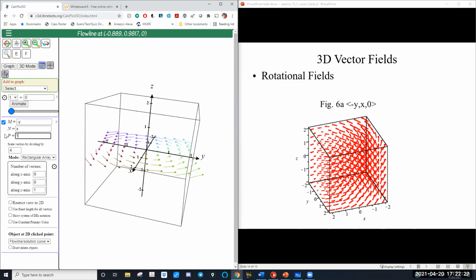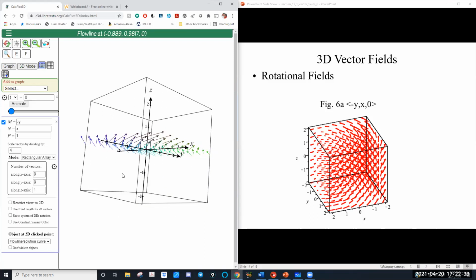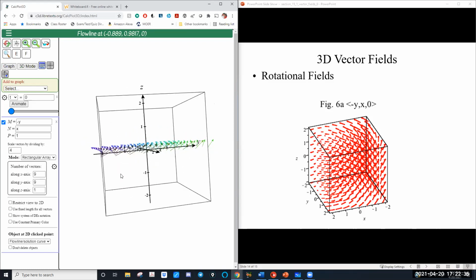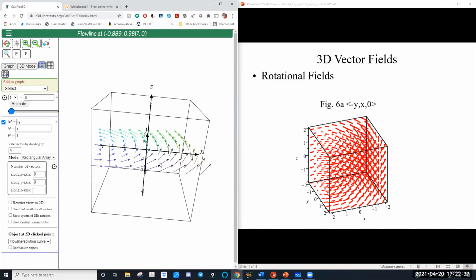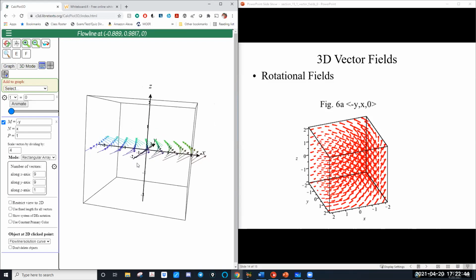Let's see. Now you can kind of start to see how this radial vector field looks. So again, guys, use the 3D plotter so you can play around with these, and you'll start to get used to what these will look like as you go on. Probably make it a little more interesting for you.